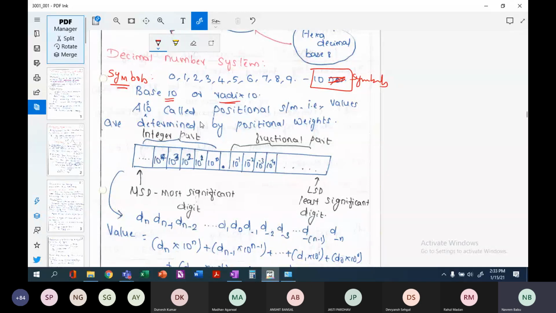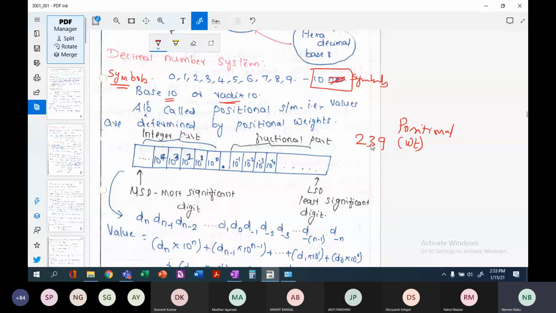Now, this depends on the digits that we are writing. Say if I write 239, each digit that we are writing here, 2, 3, 9, has some kind of weight. These are called positional weights. That is, based on their position, they will carry a weight.